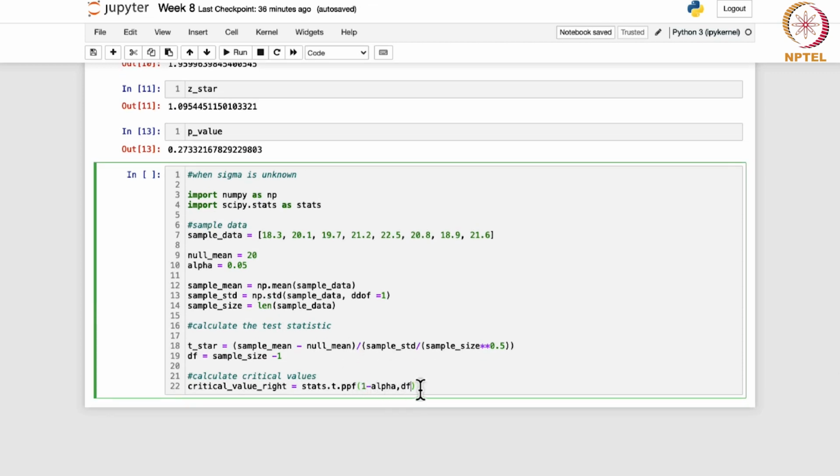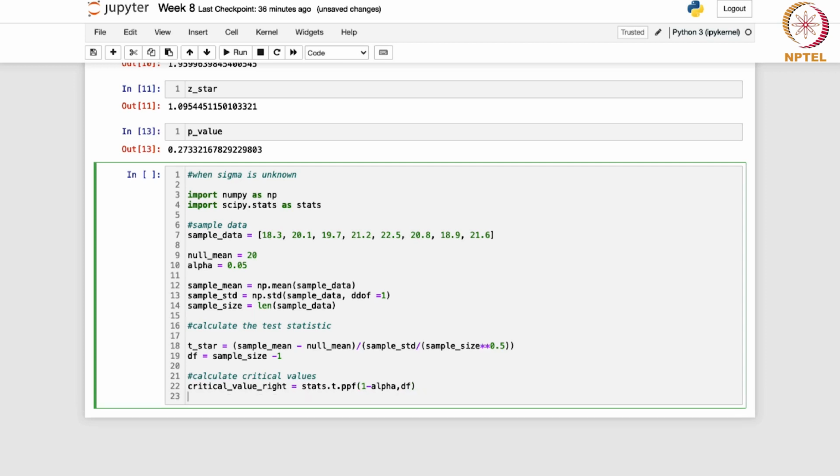So again, you see that for the right-tailed test, we are writing 1 minus alpha, because you are going to reject the null hypothesis when T star is greater than or equal to T alpha. So you specify the T score at alpha and the degrees of freedom, n minus 1. Here we are writing the same thing, and for the left also we can write.